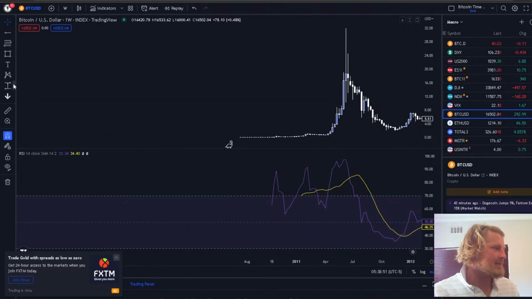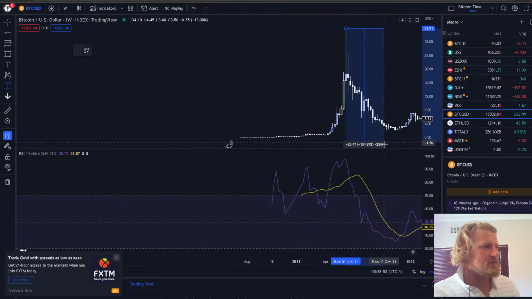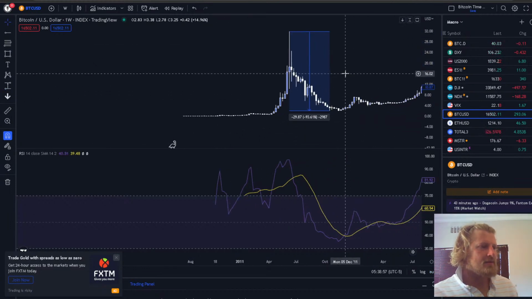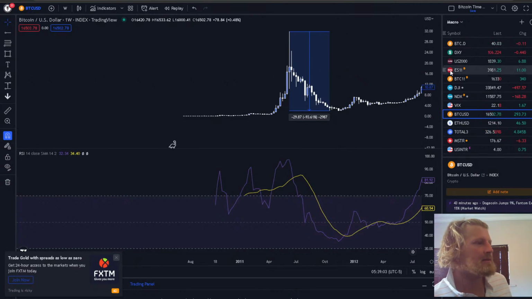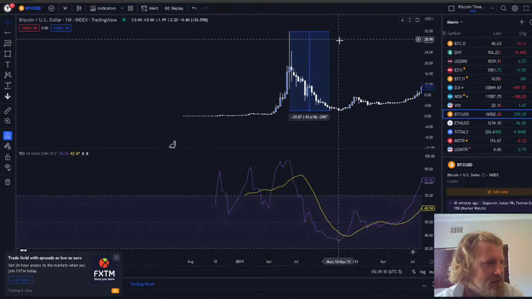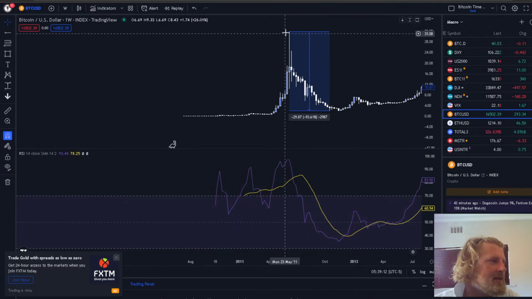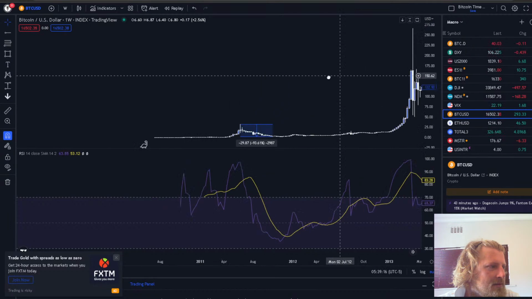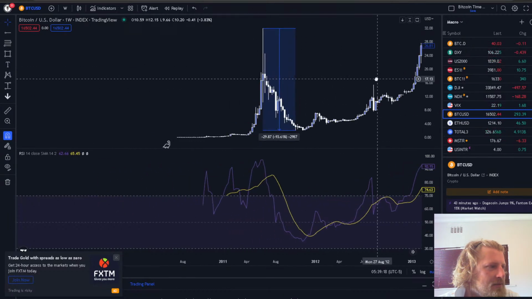This massive wick at the top. But this was still a 93% downtrend, and back then, even the stock market during the 1929 market crash only did 89%. So before this, people hadn't really seen an asset crash like this and then come back to do these massive gains in the future, right?